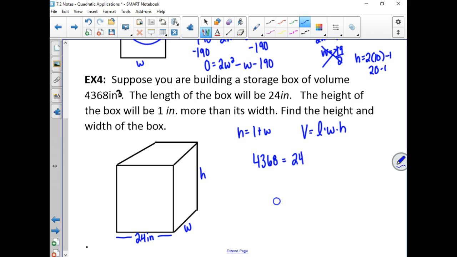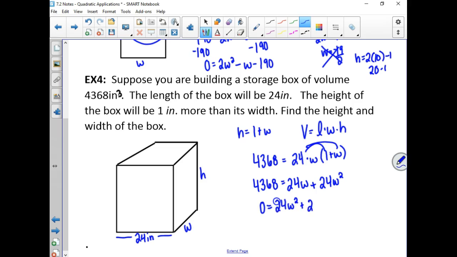I know that my width is just W. And then I know that my height is 1 plus W. So what I would do here is distribute this 24W. So 4,368 equals 24W plus 24W squared.